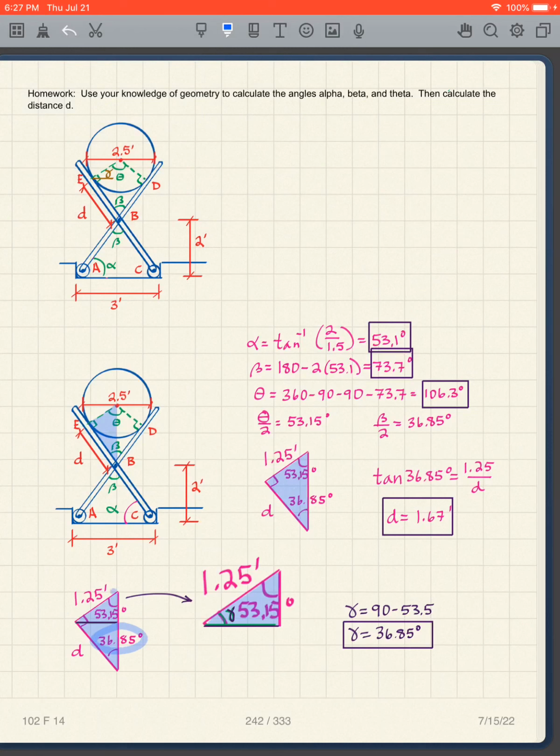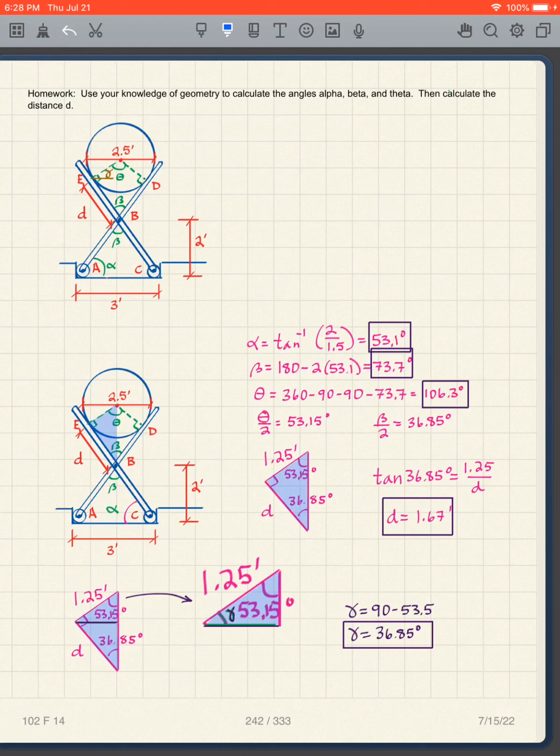I've got the theta over 2 for this angle, and I've got the right angle here. I know that that's 1.25, so I can get the distance D, looking at this, as the tangent of 36.85 is 1.25 over D, and I get that D is equal to 1.67 feet. So those are the angles.